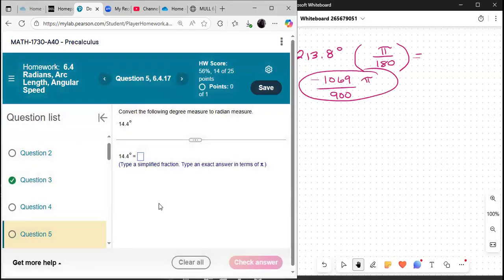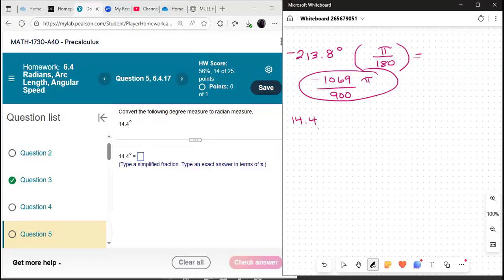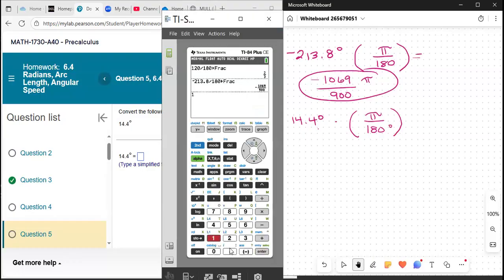In question number 5, we're converting 14.4 degrees to radians, so 14.4. And we're going to multiply by pi over 180. So 14.4 divided by 180.